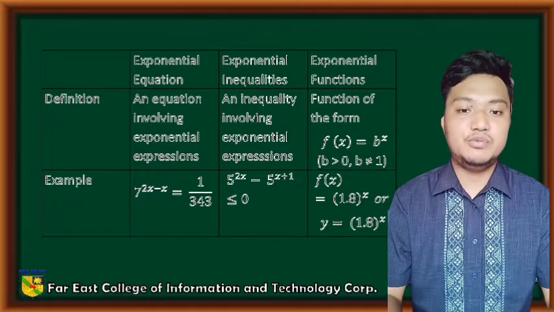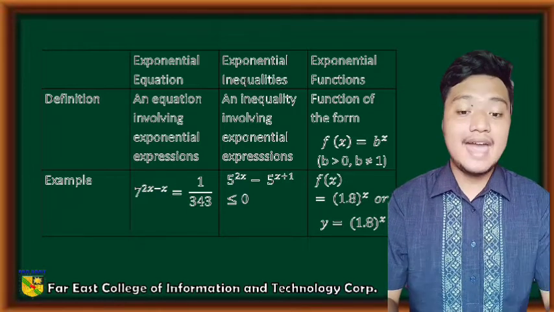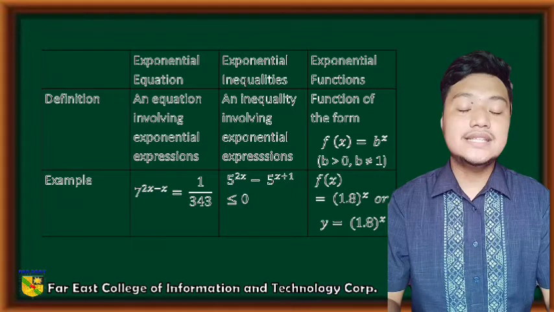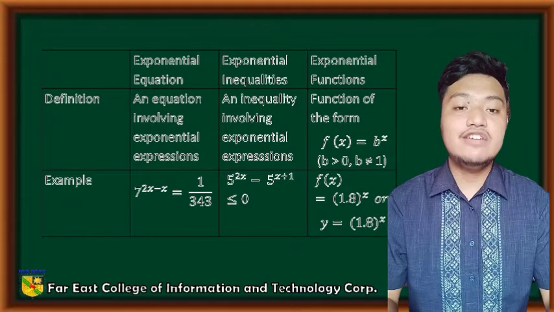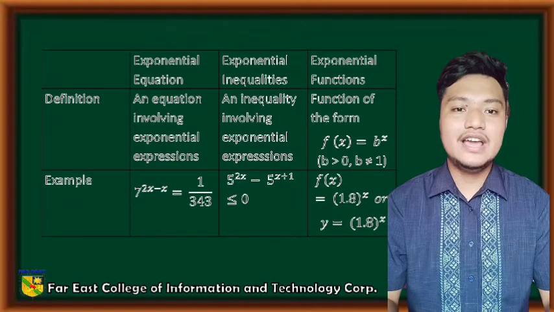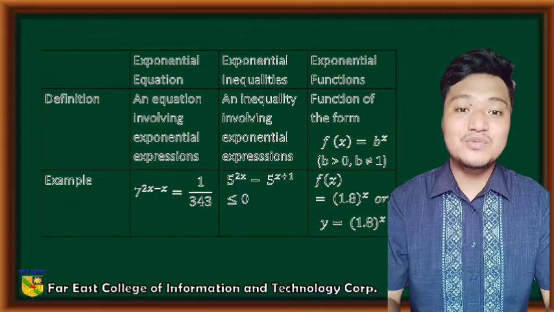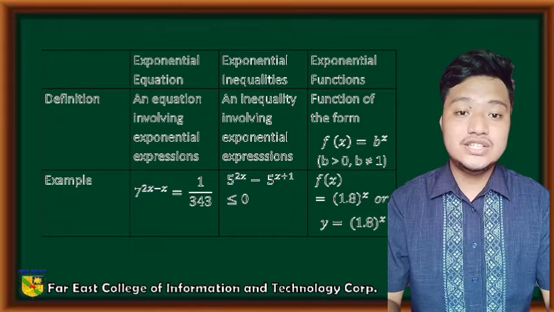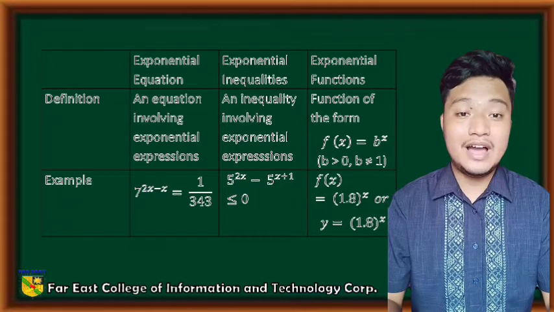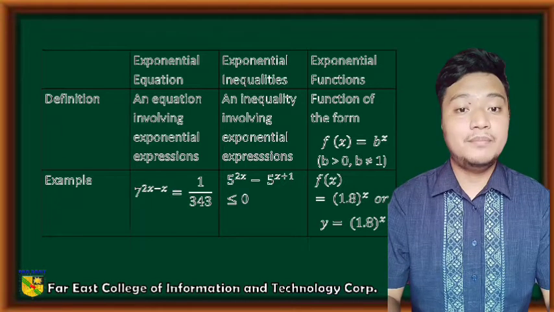For example, 7 to the 2x minus x is equal to 1 over 343. Paano natin nasabi na yun ay exponential equation? So, before that, dapat muna siya exponential expression. Meron pa kayong nakitang negative na exponent?